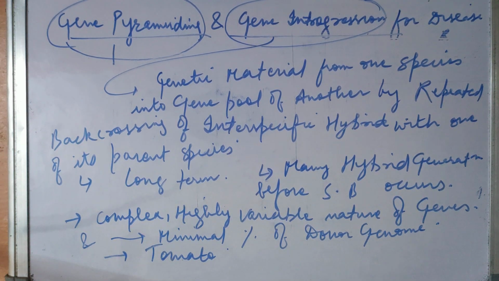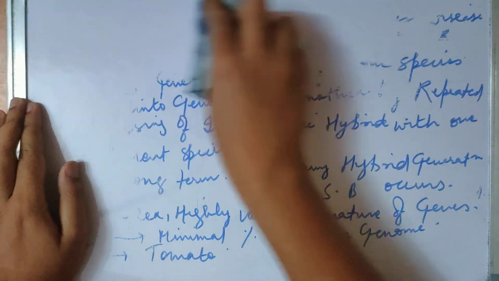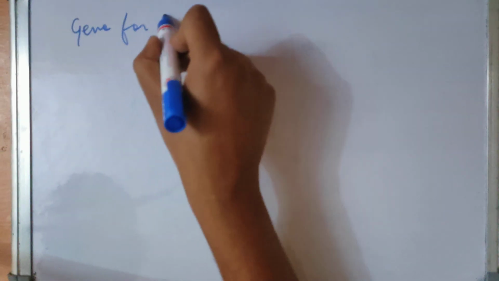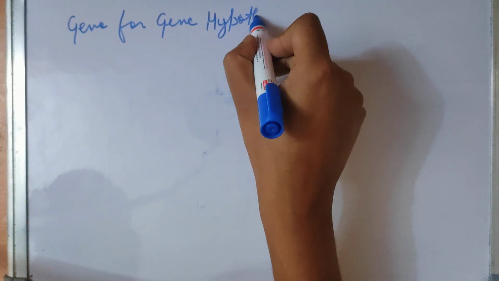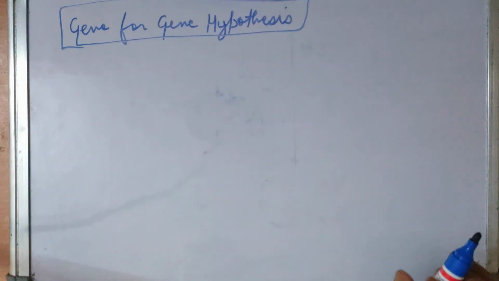So this was about gene pyramiding and gene introgression. Hope you all understand this. Now we will move into the next topic of this session, that is the gene for gene hypothesis.